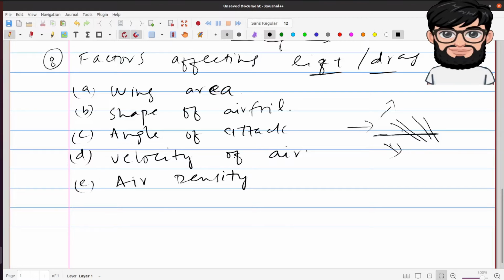Again, both of them are going to increase with the velocity of the air. And the air density: lift and drag vary directly with the density of the air. As air density increases, lift and drag increase. Other than the shape of the airfoil, all of them proportionally increase both lift and drag.